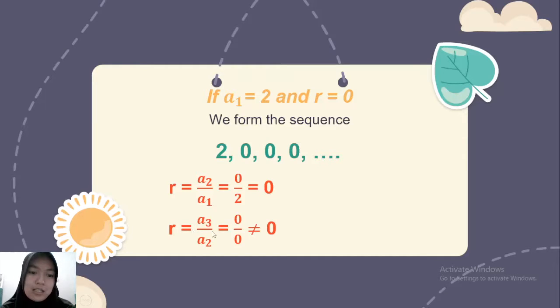And r is equal to a sub 3 divided by a sub 2. Our a sub 3 is 0 and our a sub 2 is 0. So, 0 divided by 0 is not equal to 0, because it is indeterminate, and so the ratios are not all equal. Thus, the common ratio should always be non-zero.